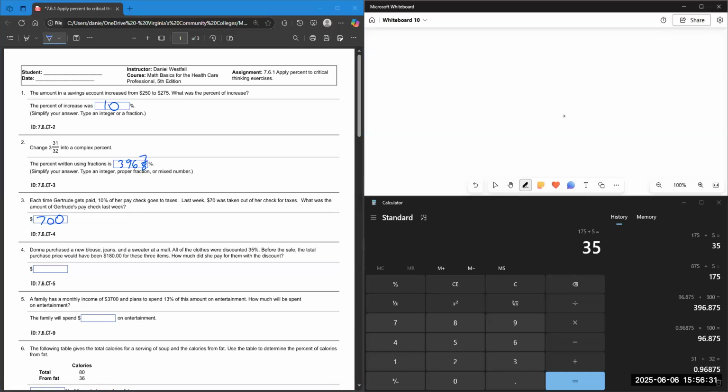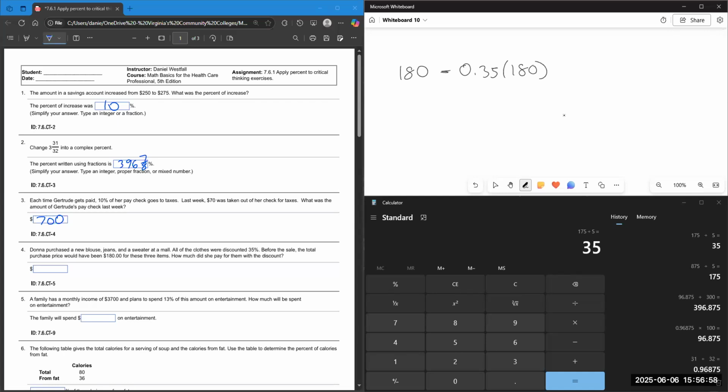Donna purchased a new blouse, jeans, and sweater at the mall. All of the clothes were discounted 35%. Before the sale, the total purchase price would have been $180. So we're subtracting 35% of $180.